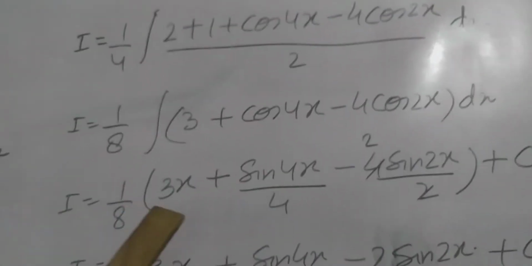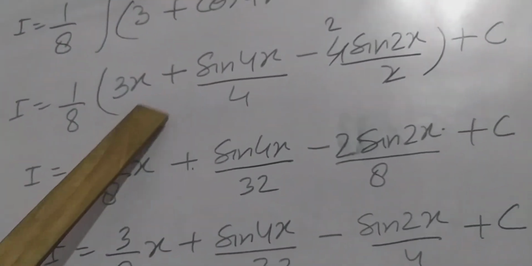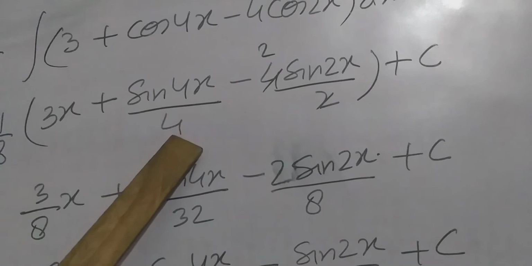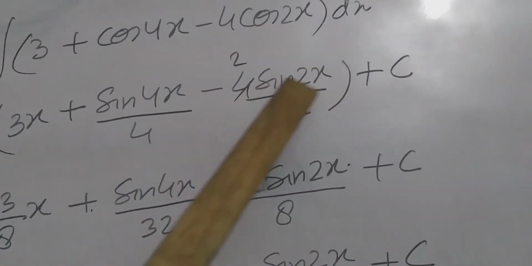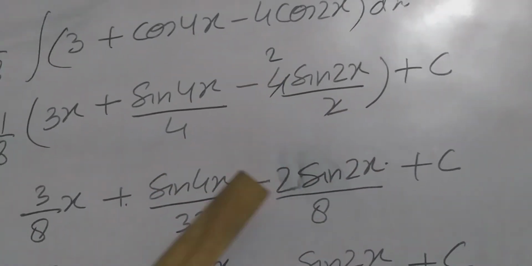Okay. Now we can easily find its integral. 3 integral is 3x, cos 4x integral is sin 4x upon 4, minus cos 2x integral is sin 2x upon 2. Okay.